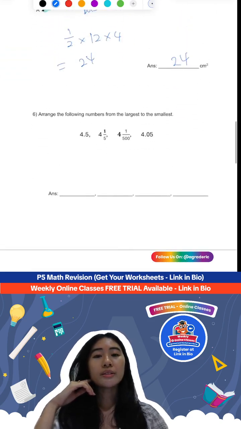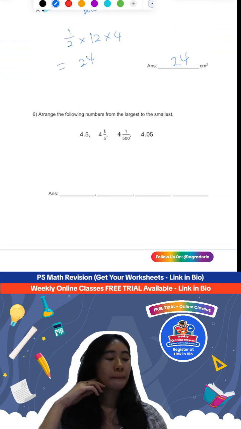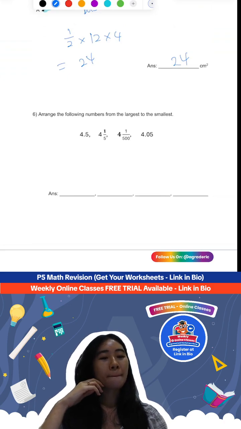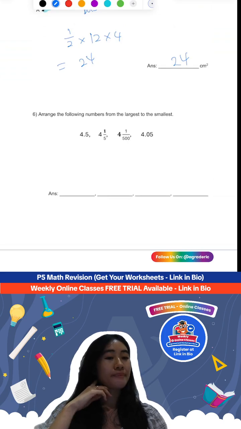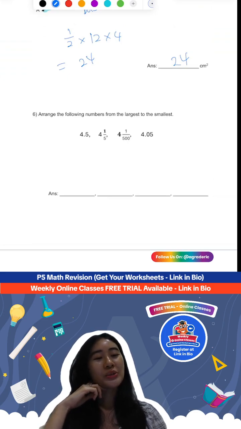Next one here. Again, I will let you all try it first. Arrange the following numbers from the largest to the smallest. Some of you are sending in the options.